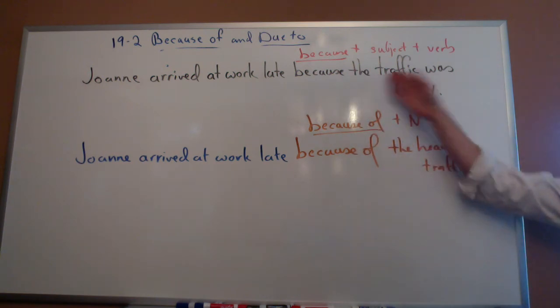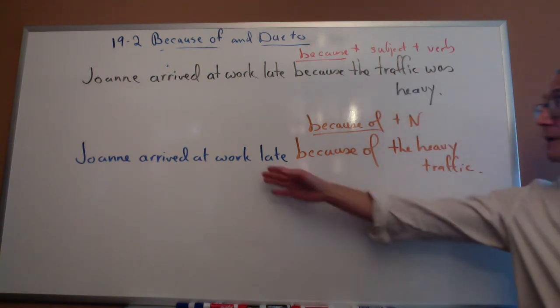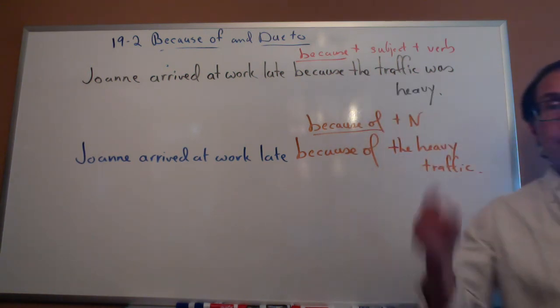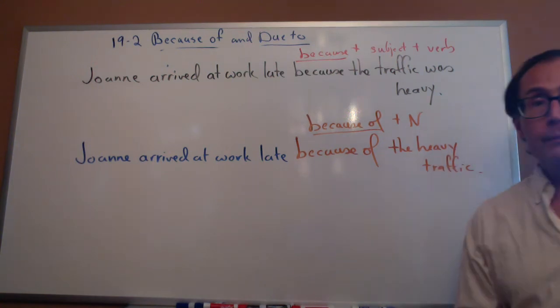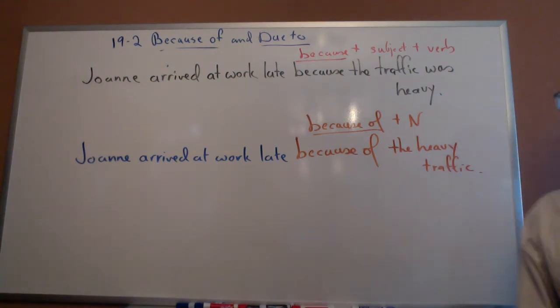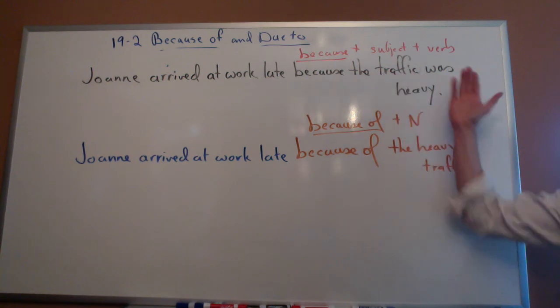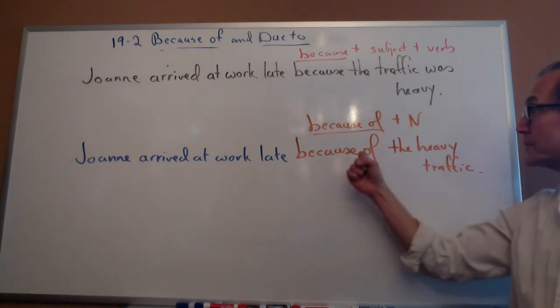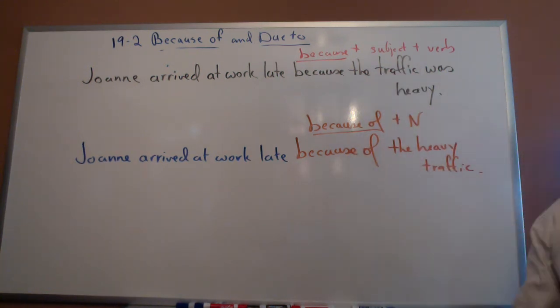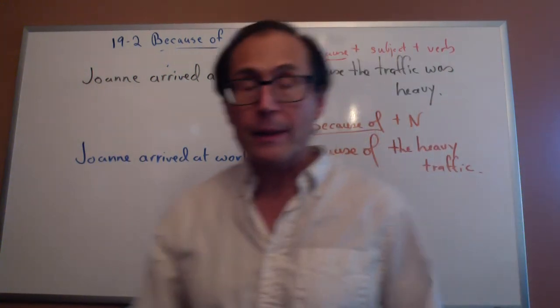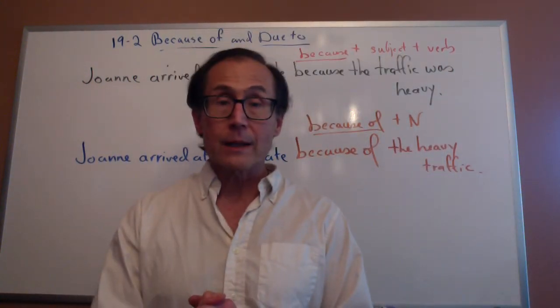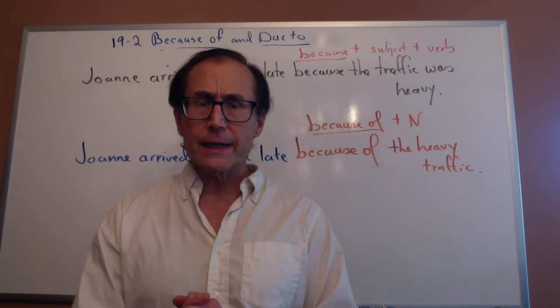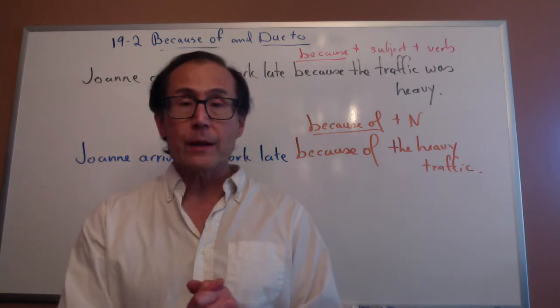Joan arrived at work because the traffic was heavy. Joan arrived at work because of the heavy traffic. They mean the same thing. So first thing to remember is because plus subject plus verb, and I use because of with just a noun, no verb. Okay, I'll pause just a second, let you take that in, or you can pause the video.